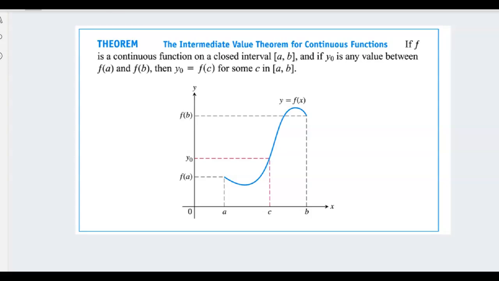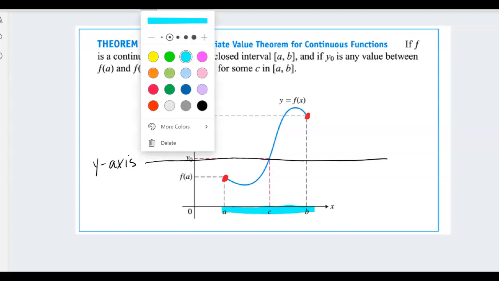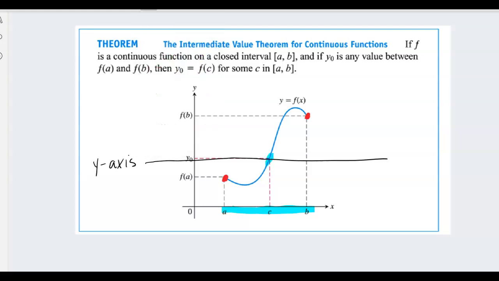idea that if I know, let's say that this is the y-axis. If I know that one of the function values, let's say here, is below the x-axis, and I know that one of the function values here is above the x-axis, then somewhere in between these two, the graph has to pass through 0.